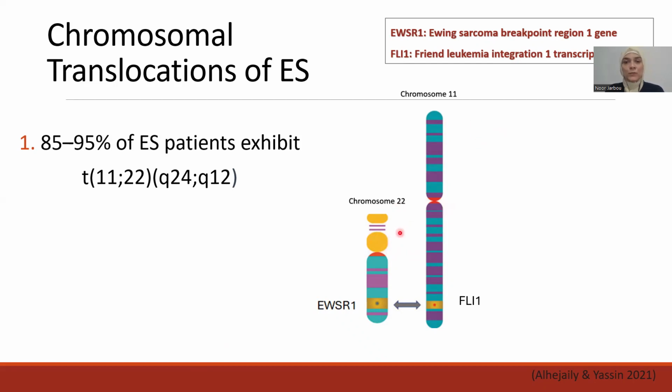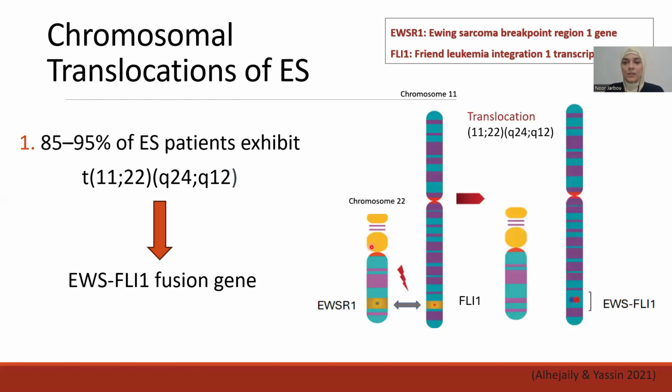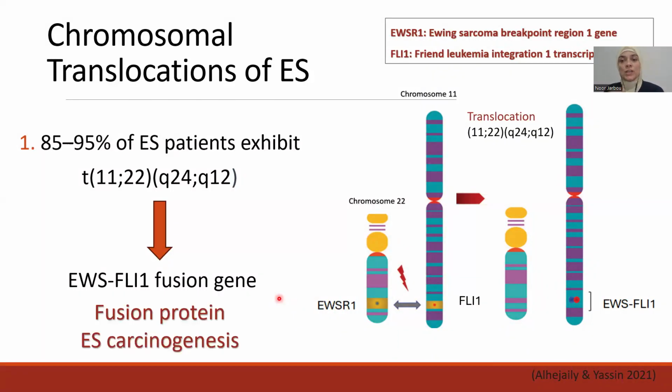This translocation fuses the Ewing sarcoma breakpoint region 1 gene on chromosome 22 to the friend of leukemia virus integration site 1 gene on chromosome 11, resulting in the EWS-FLI1 fusion gene, which encodes the EWS-FLI1 fusion protein.